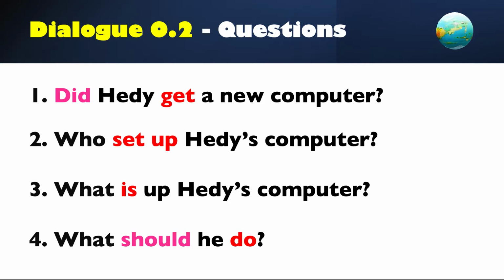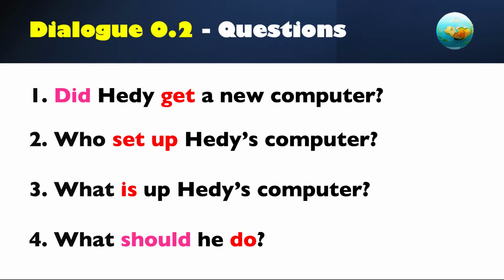Here we go. Number 1. Did Hetty get a new computer? Yes, she did. She did get a new computer. Very nice. Who set up Hetty's computer? Sam from IT set it up. What is the matter with John's PC? Not turning on. Yes.